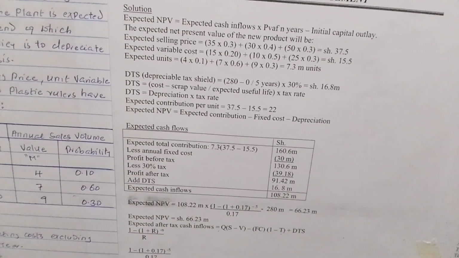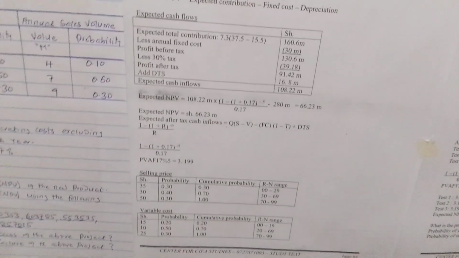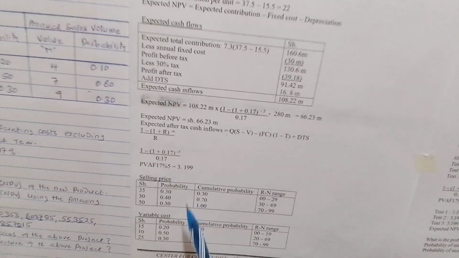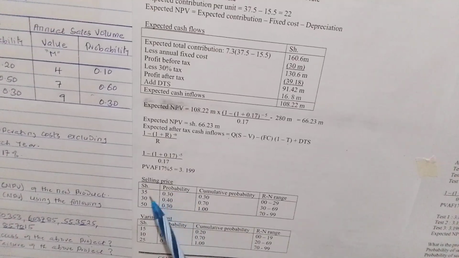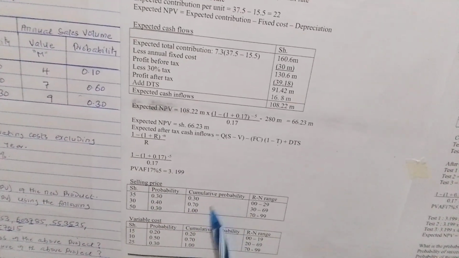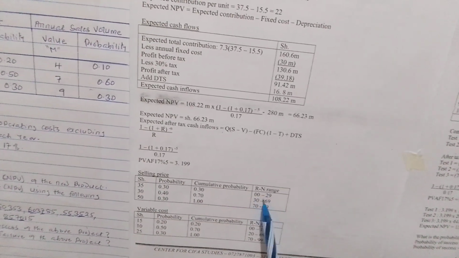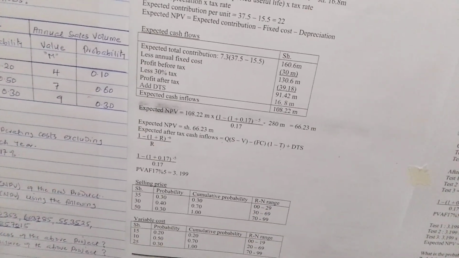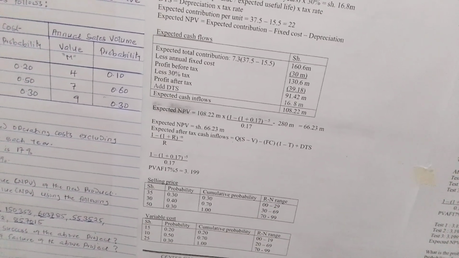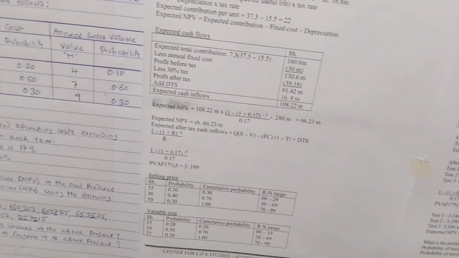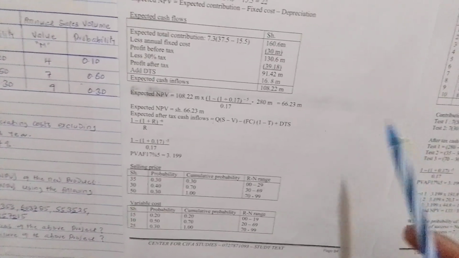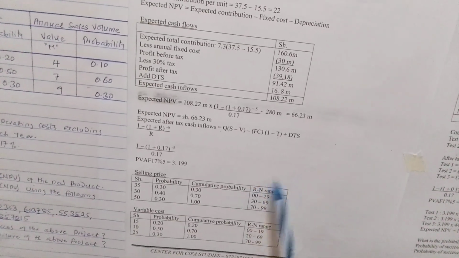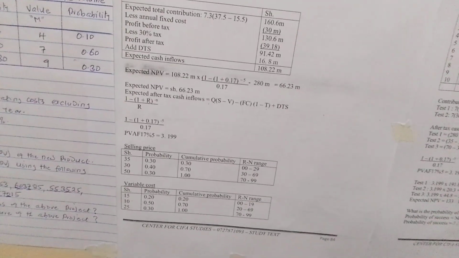Try to understand these 3 tables which I have here, these probabilities and how we accumulate them, and their ranges, because this range is the one which will help us to establish the selling prices using the random numbers, by asking yourself which lower limit and which upper limit the random number lies between.